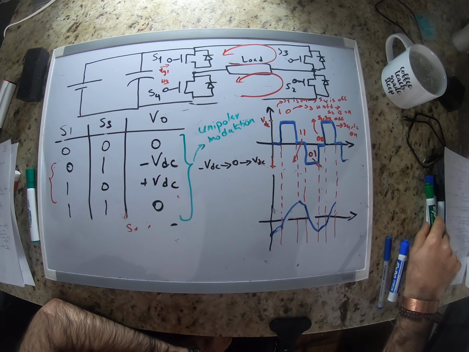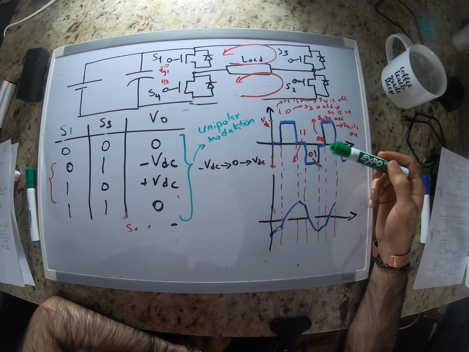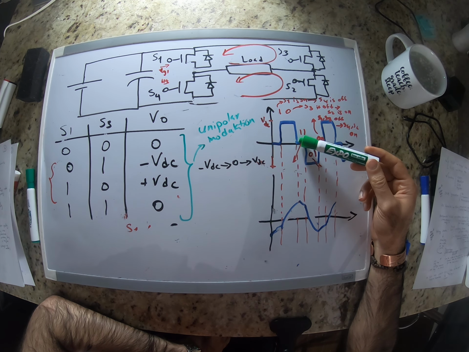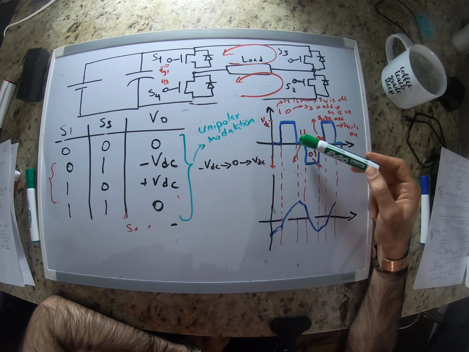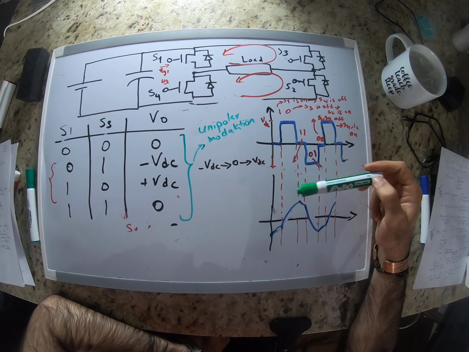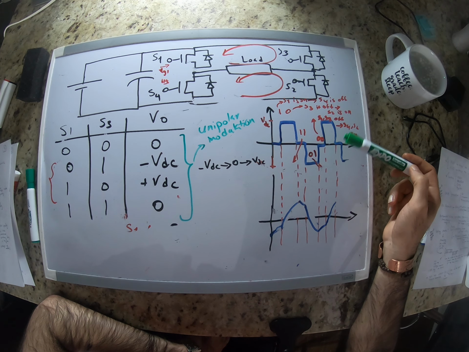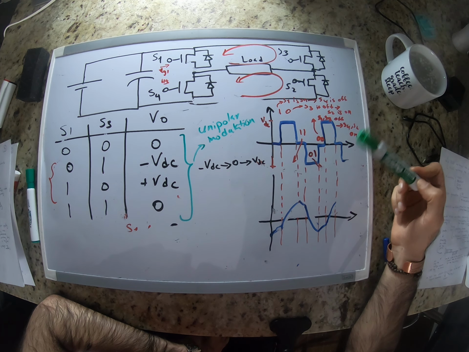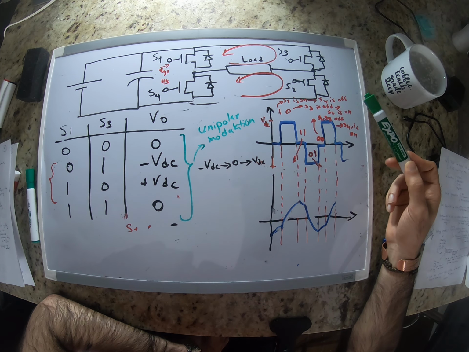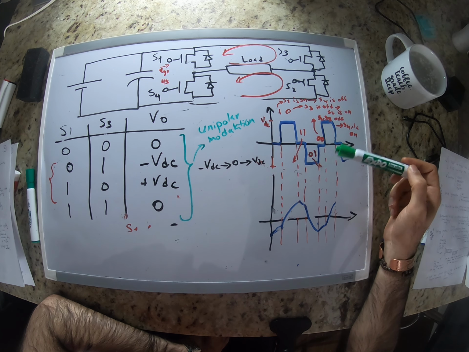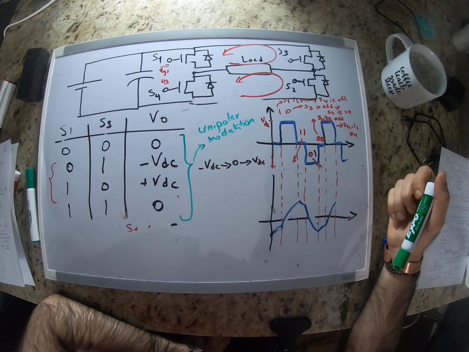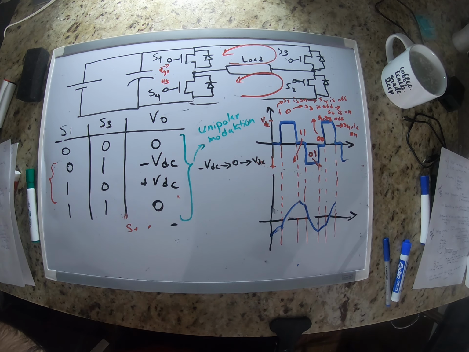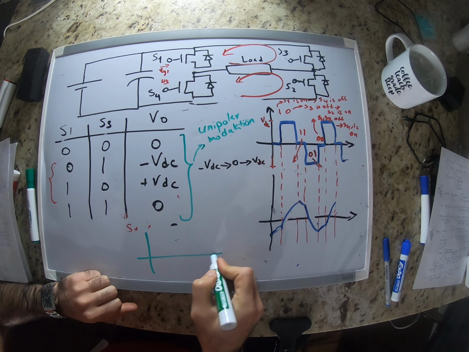The other thing that we can do here is, by having a delay between these switches, we can change the voltage level as well, the amplitude of the RMS voltage AC that we're going to have in the output. So we can change that eventually, right? But in the bipolar modulation, we didn't have that option because we didn't have any delay.